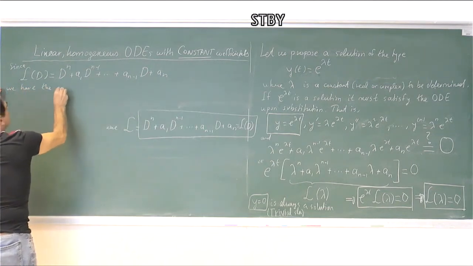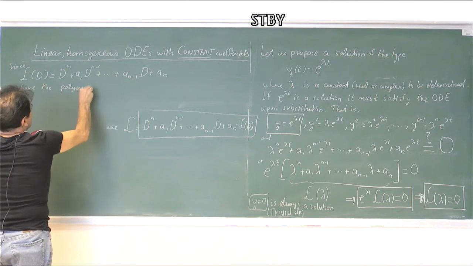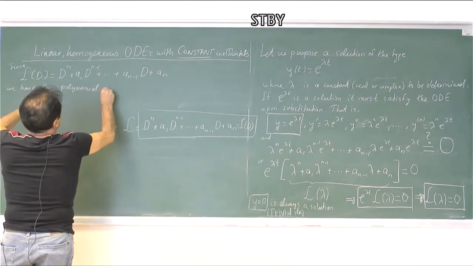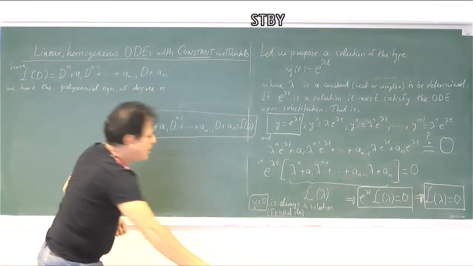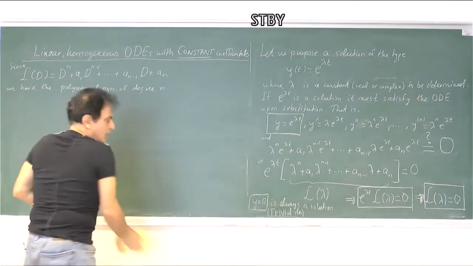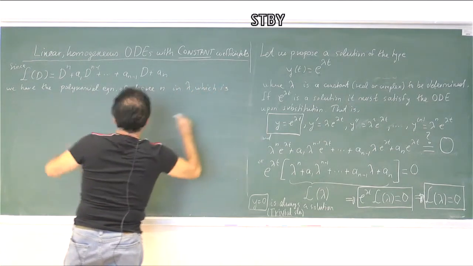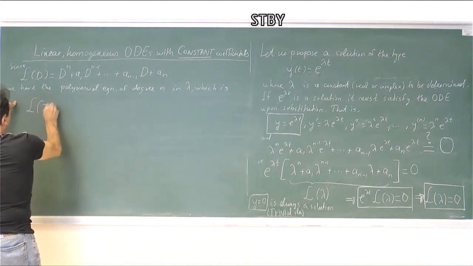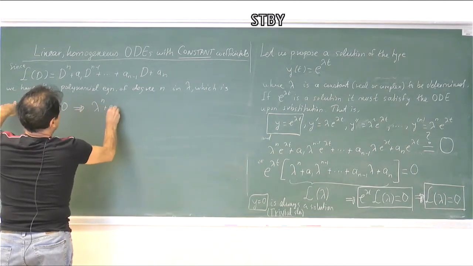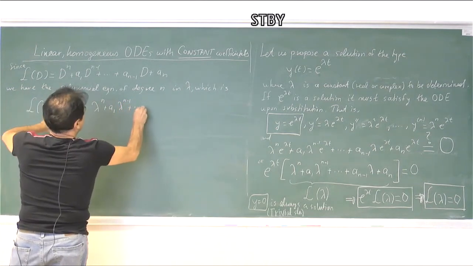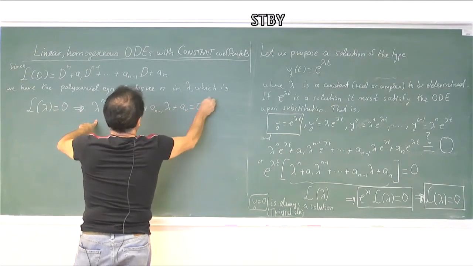We have the algebraic equation, a polynomial equation of degree n in lambda, which is this, explicitly: lambda^n + a1 lambda^(n-1) + ... + a(n-1) lambda + a_n = 0.